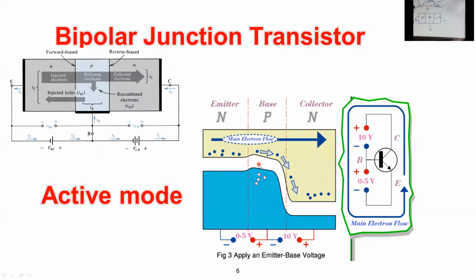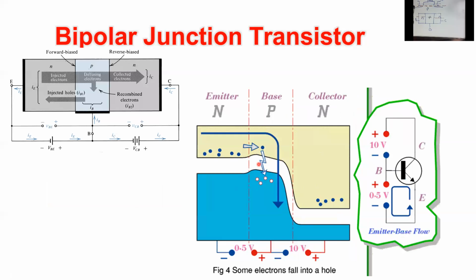So there is a probability of what's called recombination. A recombination is simply as follows. We have an electron traveling from the emitter through the base to the collector. When this electron reaches the base, it finds a hole. So this electron loses energy and returns back to the valency band to recombine with one of these holes.